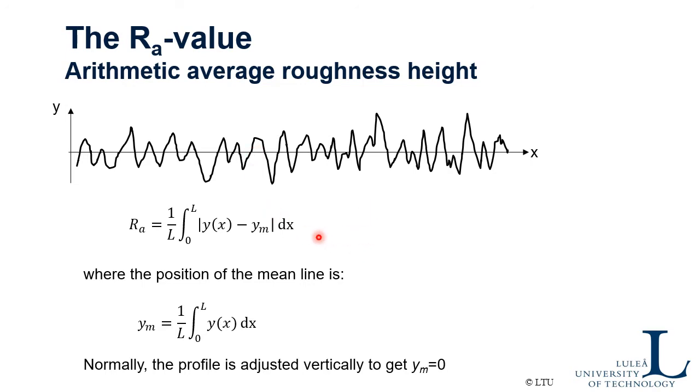You also have to find a mean line. In this case, you find a mean line which has as many valleys below the mean line as peaks above the mean line.